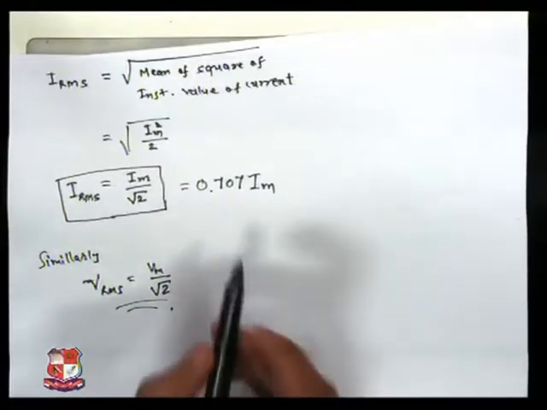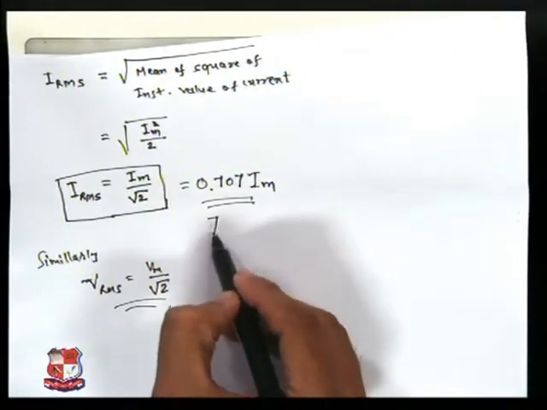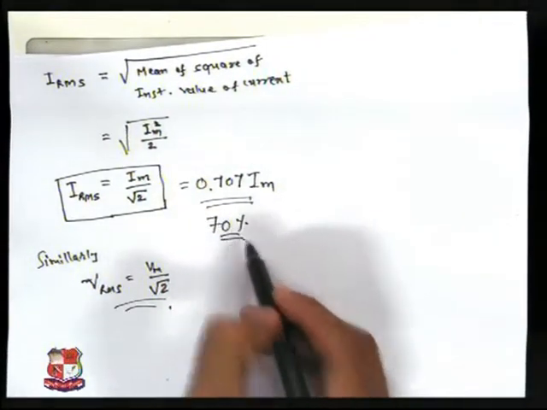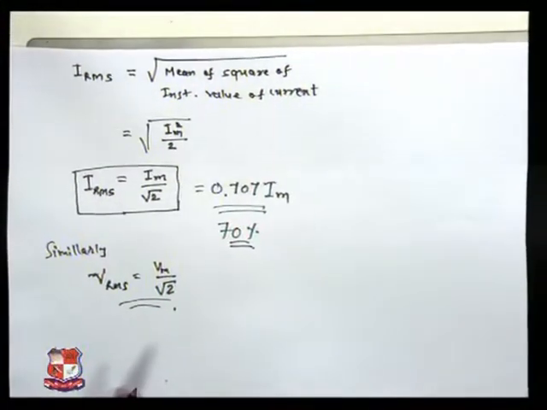So it is a 70% value of our maximum current or any AC quantity.